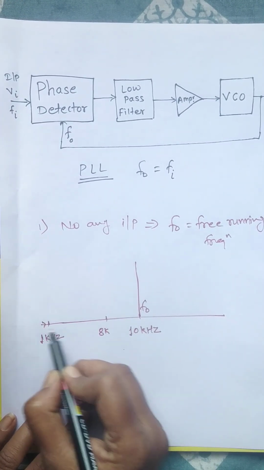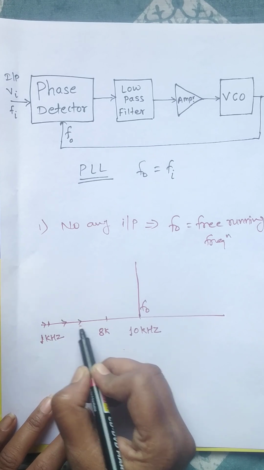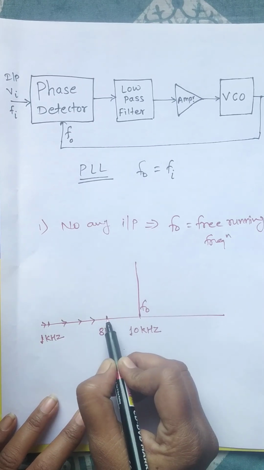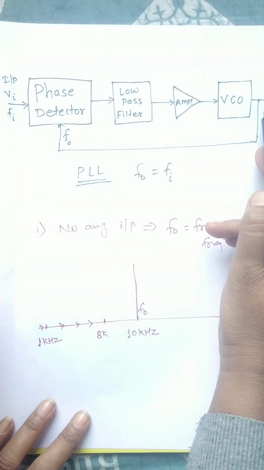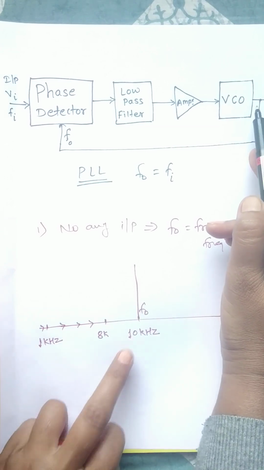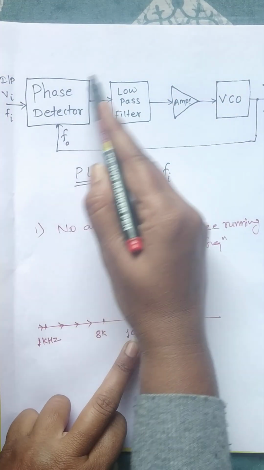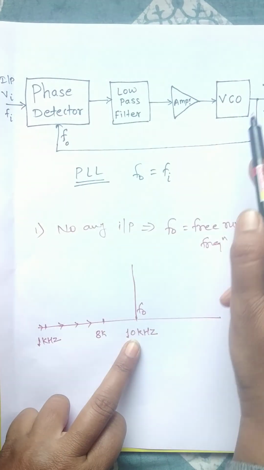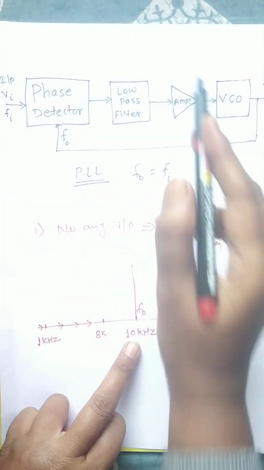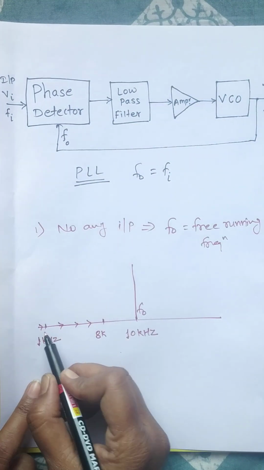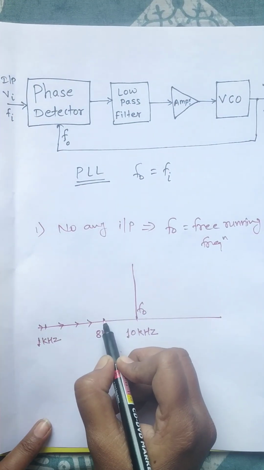So even if the input signal is 2 kilohertz, 3 kilohertz, 5 kilohertz, this VCO frequency will stay at 10 kilohertz, because it will not detect the input signal. It will start detecting the input signal when the input signal becomes 8 kilohertz.